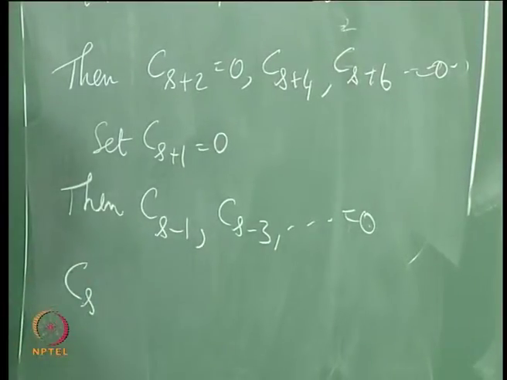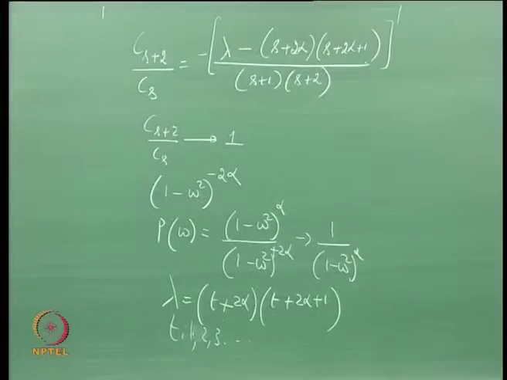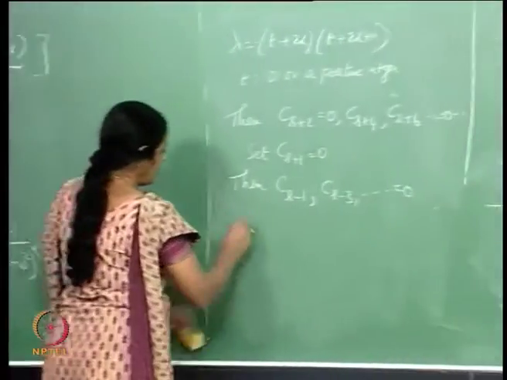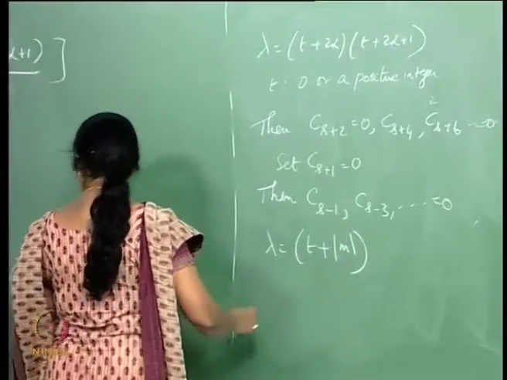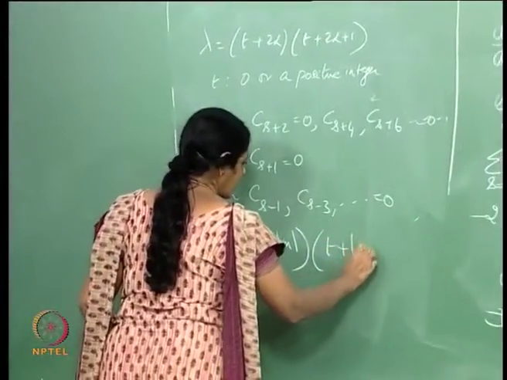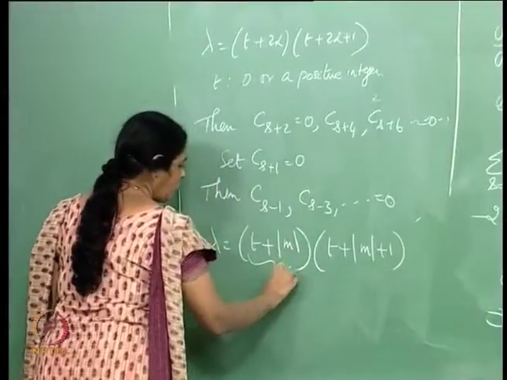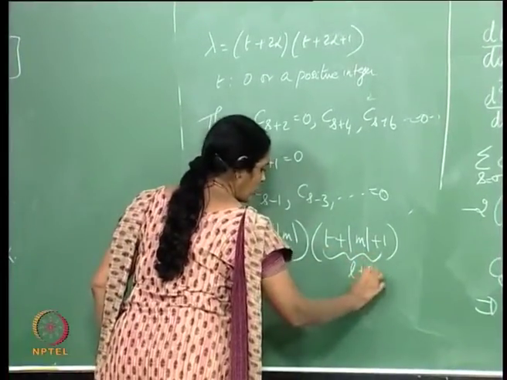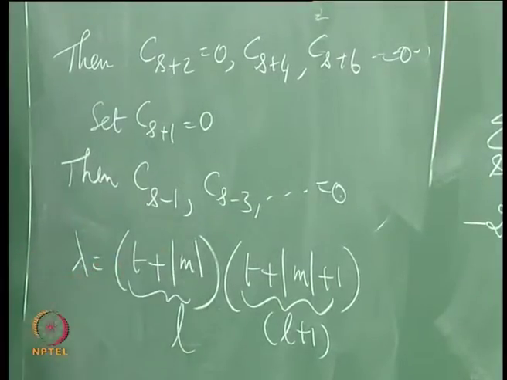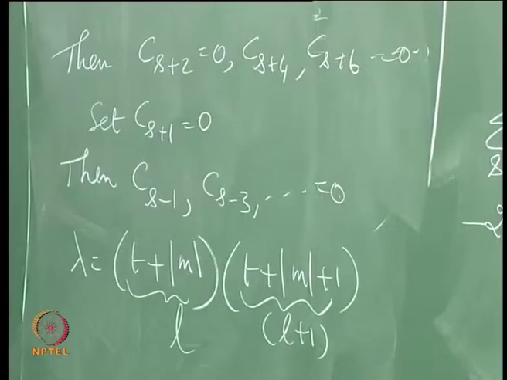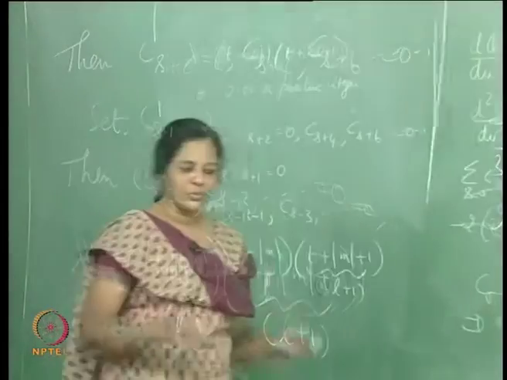So that is the structure, and you have terminated the series. But this gives you the value of lambda, because 2 alpha is mod m. So lambda is t plus mod m times t plus mod m plus 1, and I would call this L, and I would therefore call this L plus 1, and t takes value 0, 1, 2, 3 etc. Mod m takes value 0, 1, 2, 3 etc. The L takes values 0, 1, 2, 3 etc.